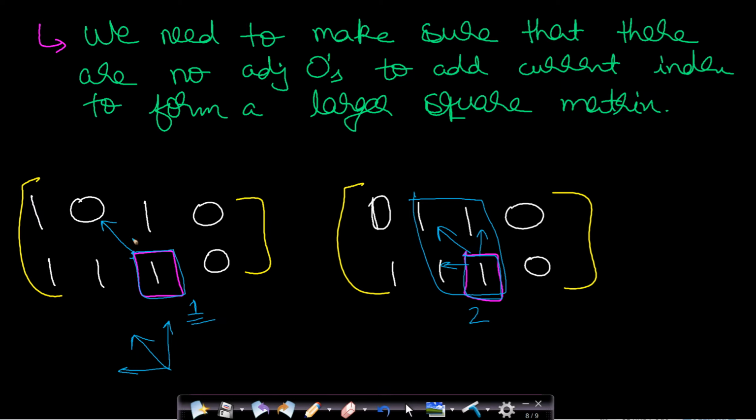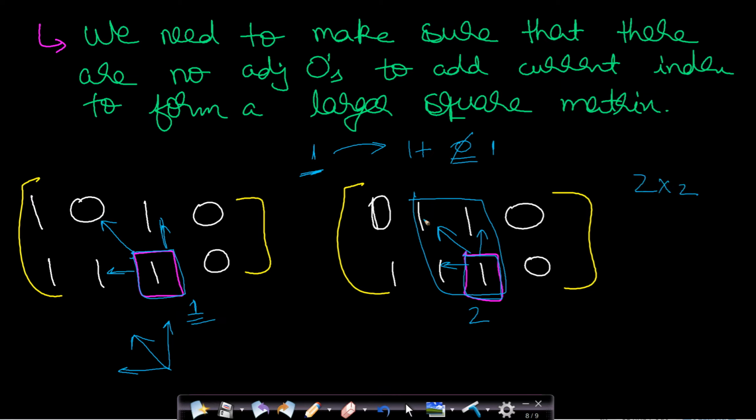Therefore, you need to take the minimum of all these three directions. So if the minimum in all these three directions comes out to be 1, then you can extend the size of your square matrix by adding 1 to whatever the minimum value in all three directions comes out to be. If the minimum value comes out to be 0, then you cannot extend it, and so your answer will be a 1 by 1 matrix. That is, the element itself forms a square matrix. If you find a value 1, this indicates that you can add this element to form a square matrix of size 2 by 2.